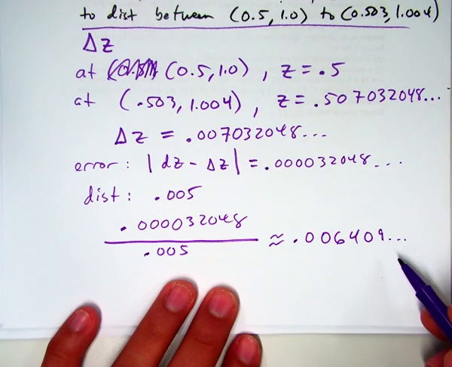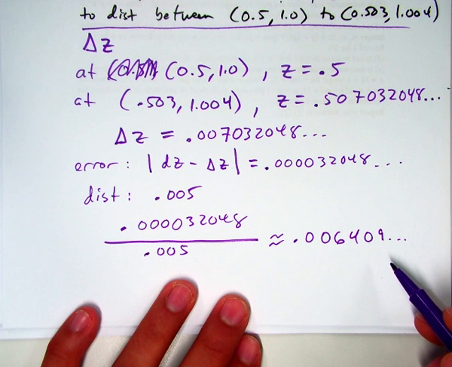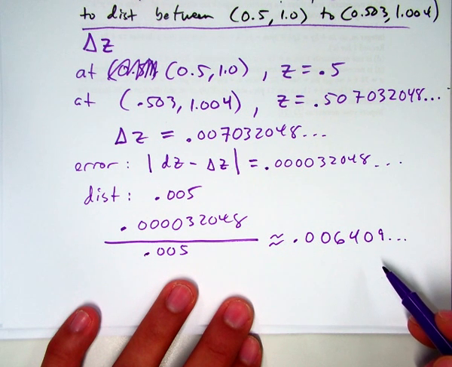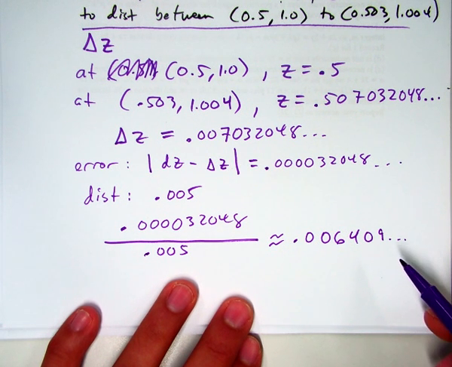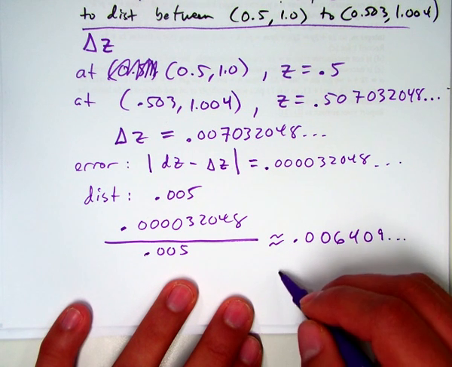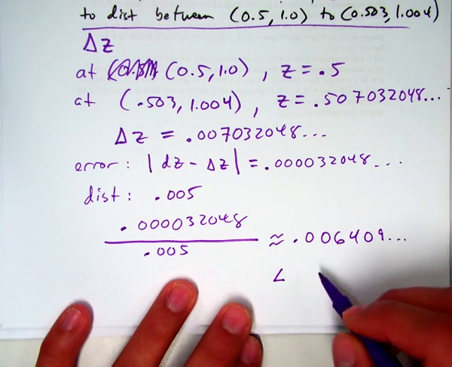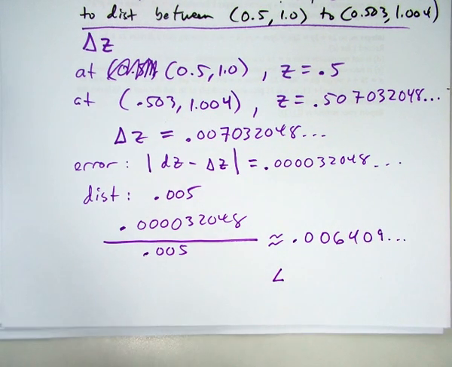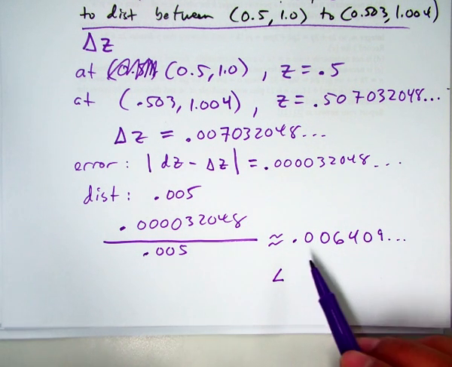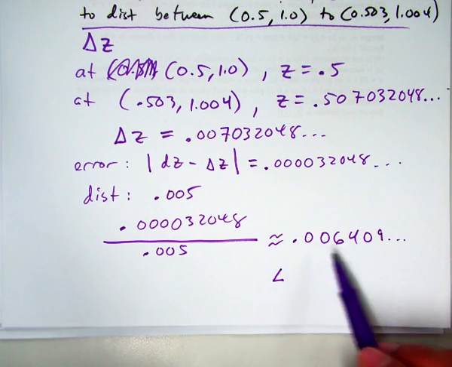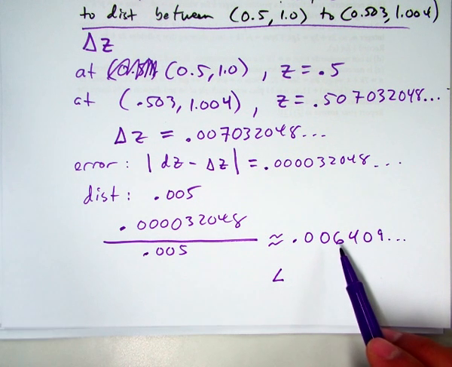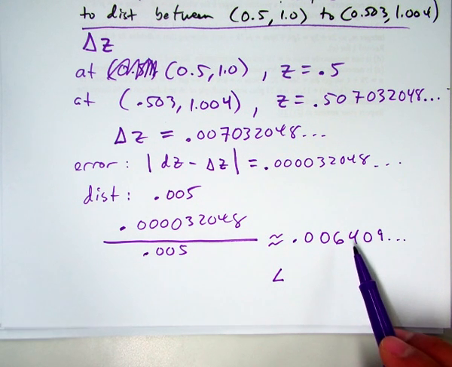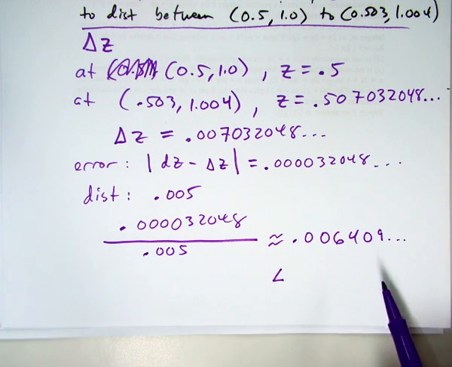So this is good. I think the book likes saying finding a fraction that's a little bigger than it. Like they'll say that this is less than some fraction. Can you guys find a fraction for 0.00641? Convert it to a fraction.